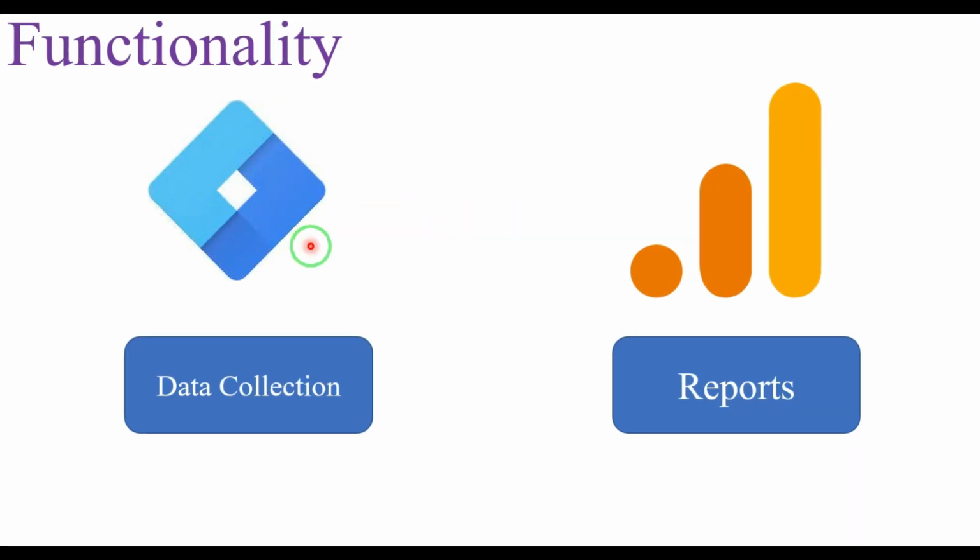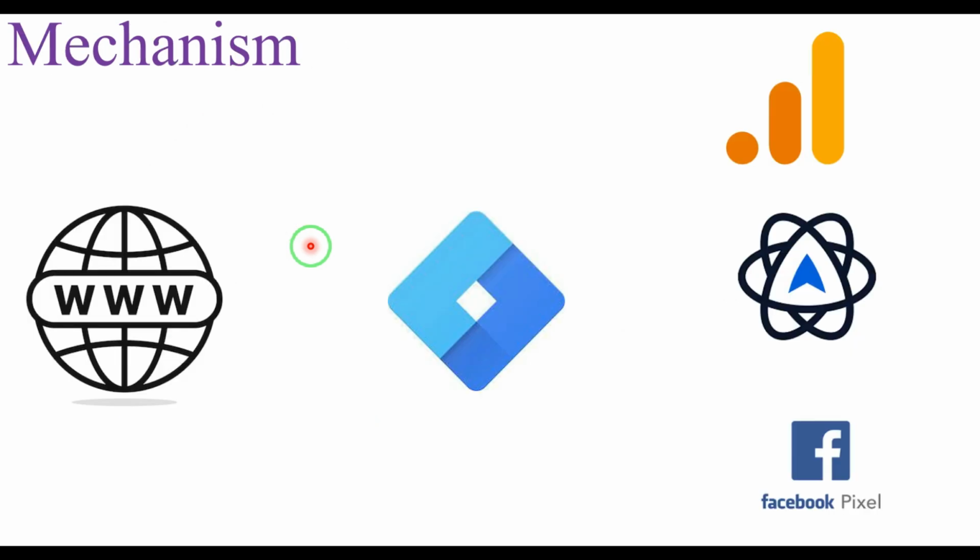The next important point about Google Tag Manager and Google Analytics that you should know is about the role of Google Tag Manager. The purpose of Google Tag Manager is not to analyze the data. Google Tag Manager acts as the middleman between our website and third-party tools such as Google Analytics, Mouseflow, Facebook, and any other tools that you need to be embedded in your website.